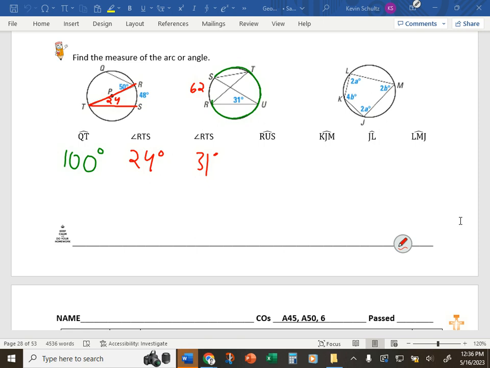We're looking for all the rest of the circle, okay? Which means if we know the whole circle is 360, we can subtract that 62, and Sophie got a measure of 298 degrees. I did 118 because I thought it was 180, but I realized I was wrong when Sophie told me the right answer.